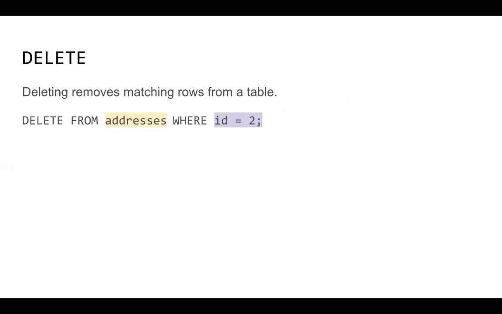And deleting just says delete from addresses where ID equals 2. Again, it'll delete every row that matches the where conditions. Using the ID is usually the best way to do that because the ID always has to be unique, so you won't accidentally delete anything you didn't mean to.